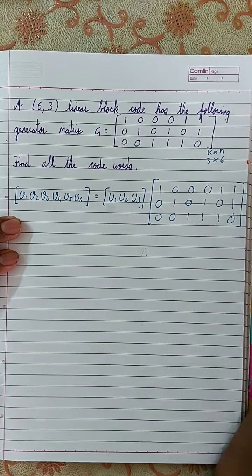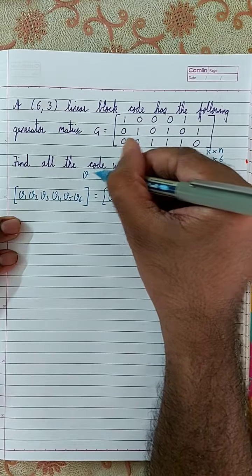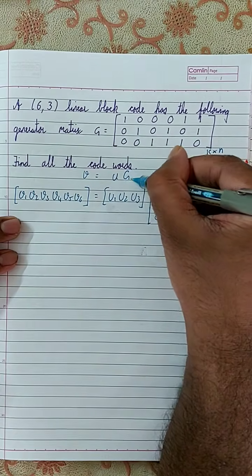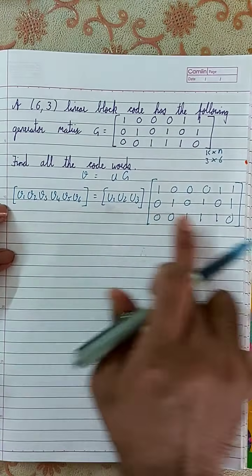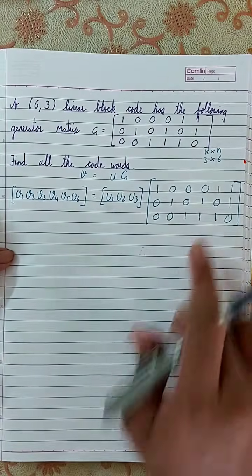This is nothing but V is equal to U into G. That is why it's written like this. This is V, this is U, and this is G.